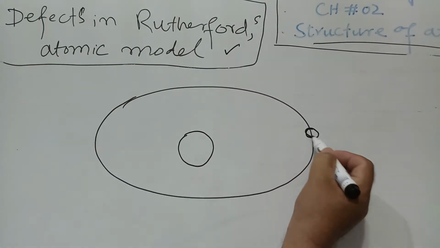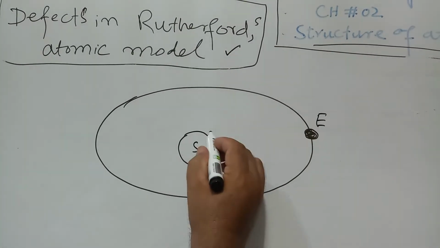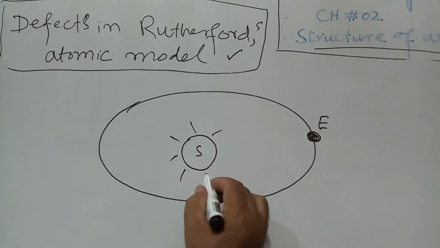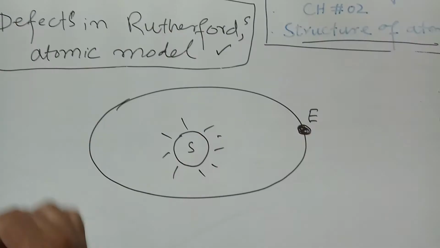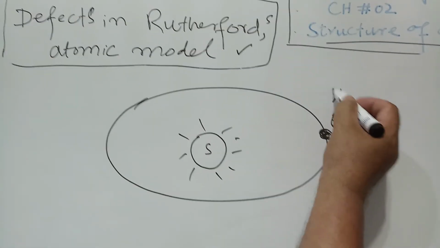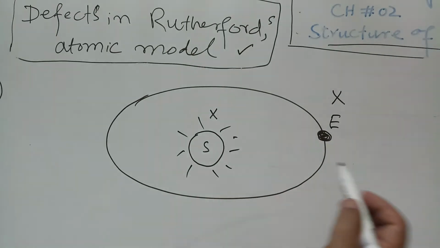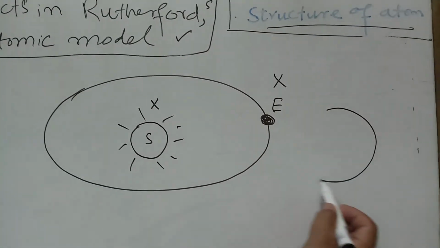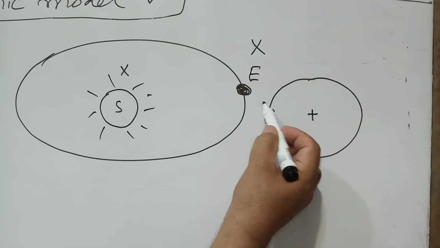For example, this is the earth and this is the sun. The earth is revolving around the sun. You know, the earth carries no charge, the sun carries no charge. But as far as atoms are concerned, the nucleus carries positive charge, the electron carries negative charge.